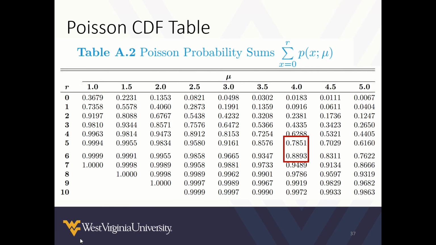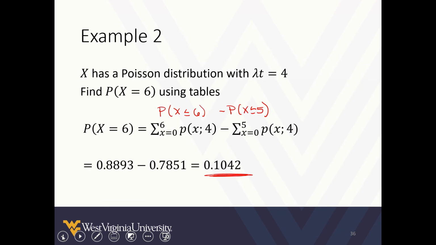And here is a picture of the table, where the probability of x less than or equal to 6 is 0.8893, and the probability of x less than or equal to 5 is 0.7851. And notice the expected value, our average, is at the top, which for us is 4. The Poisson table is not as commonly used as the binomial table, but it is still provided for you on eCampus. And as you can see in this situation, using the table does not save you any work.